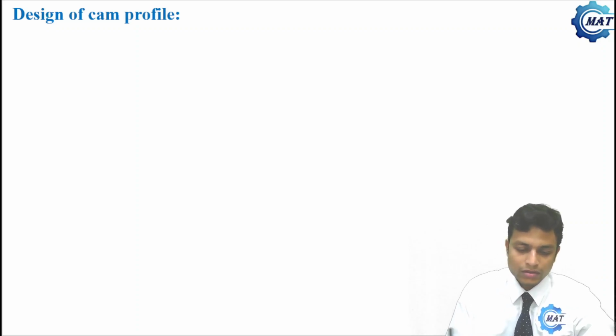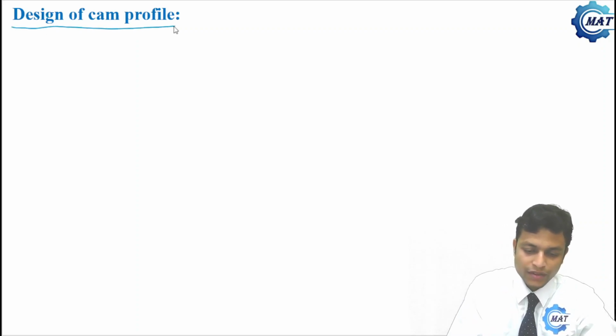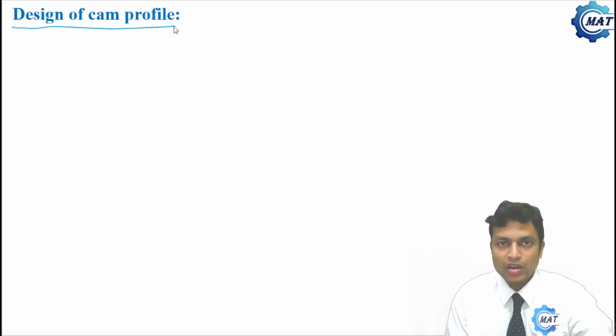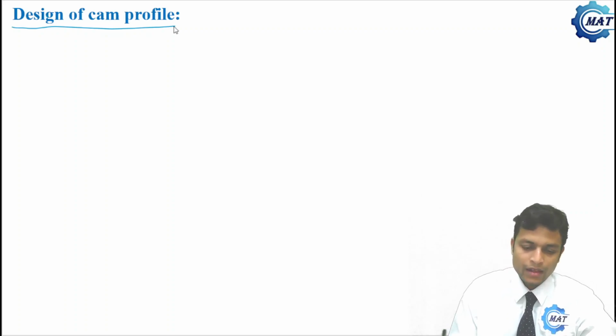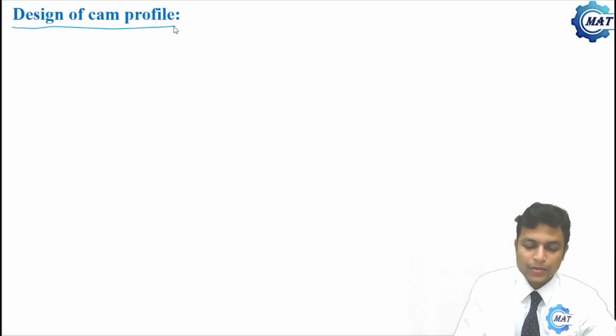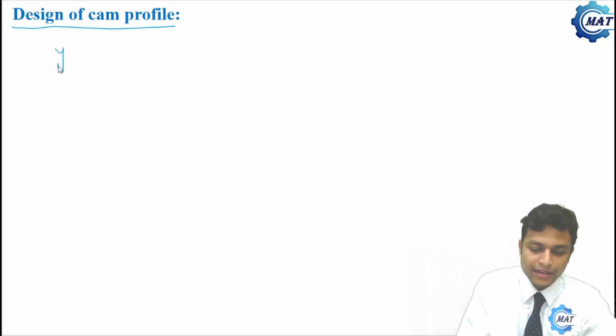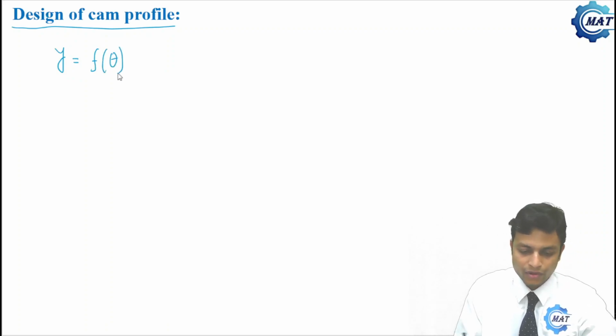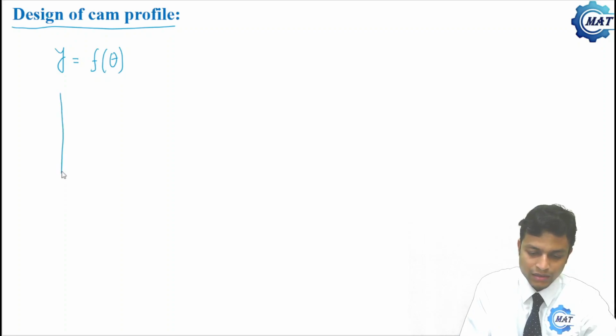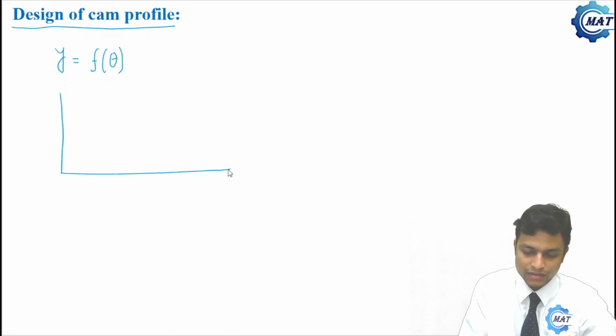Welcome to all. Our next objective is to design the cam profile when follower motion is prescribed. The follower motion can be prescribed in analytical form, that is y as a function of theta, or in graphical form, that is y versus theta curve.